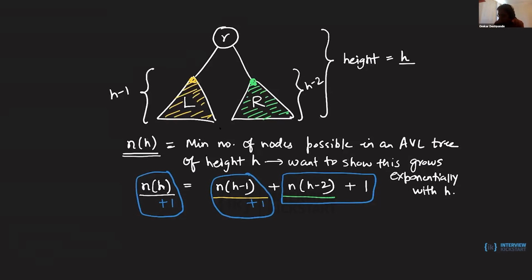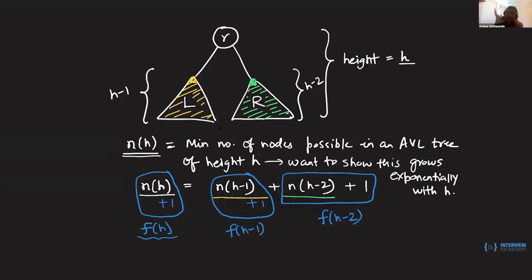So if I were to define this as some f of h, this would be f of h minus 1, this would be f of h minus 2. And I know that f of h here is the hth Fibonacci number.